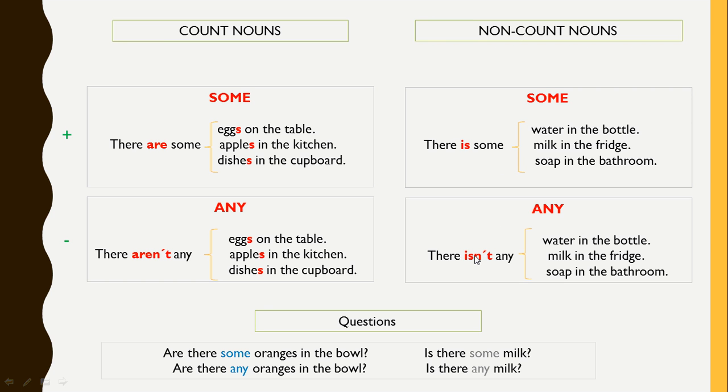And in questions: are there some oranges in the bowl? Is there some milk? Are there any oranges in the bowl? Is there any milk? With any or some.